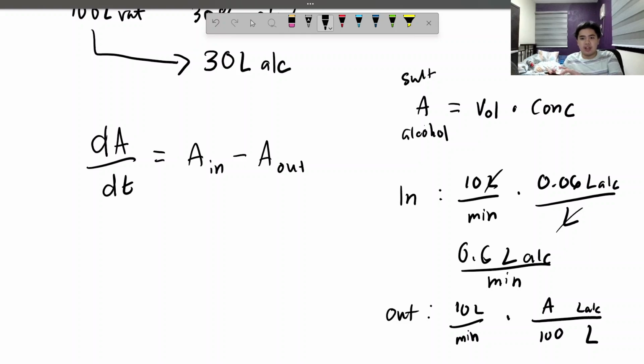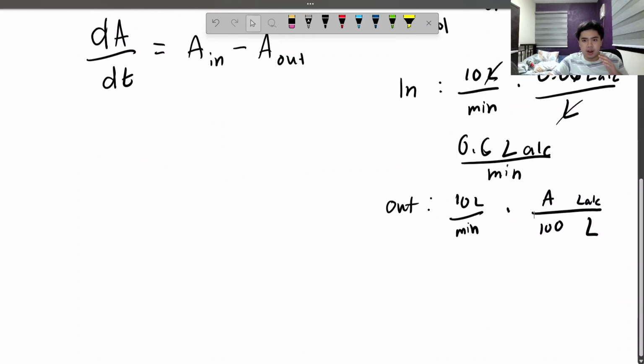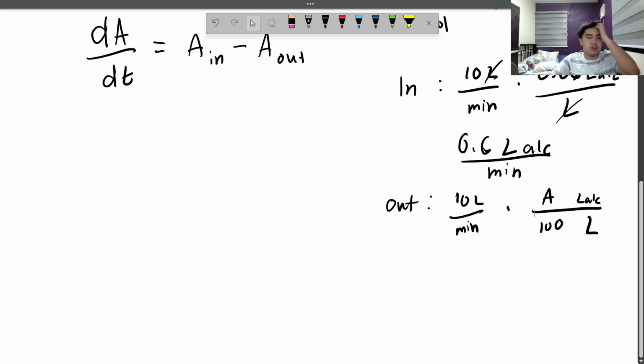And the concentration times the volume is the outgoing concentration. So cancel out the units, we get 0.1 A liters per minute, with A referring to the amount of alcohol.